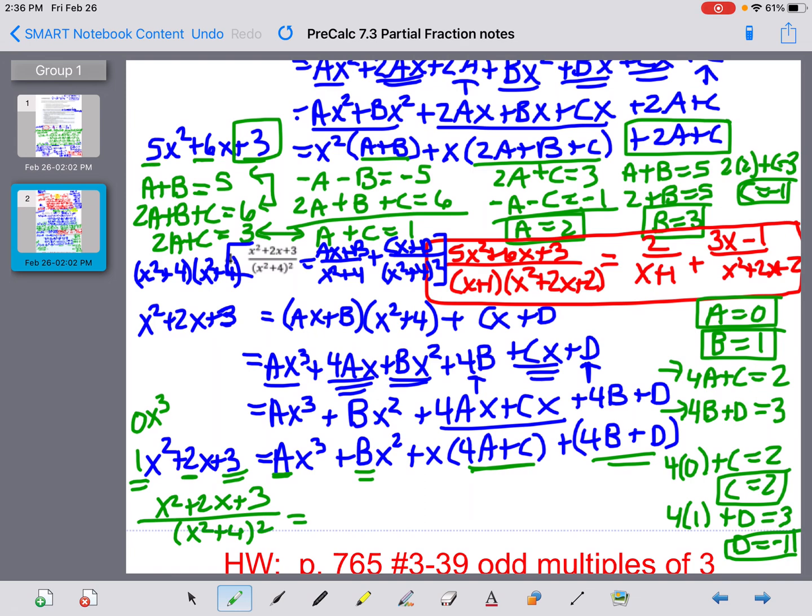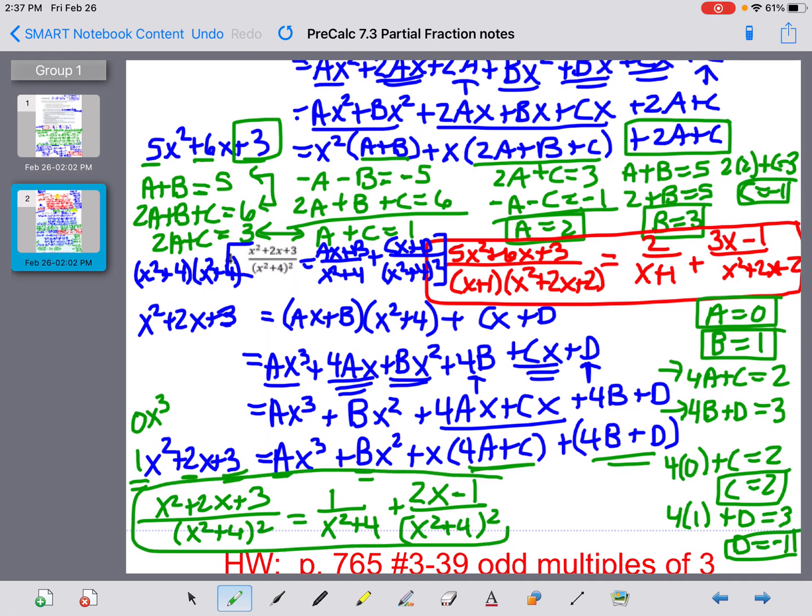But I do have a b of 1, so that first fraction only has a 1 over the x squared plus 4. Plus, I do have a c of 2, so it's 2x. I do have a d of negative 1, so I'm going to put minus 1 over x squared plus 4, the quantity squared. And there is my decomposition, that fraction broken down.